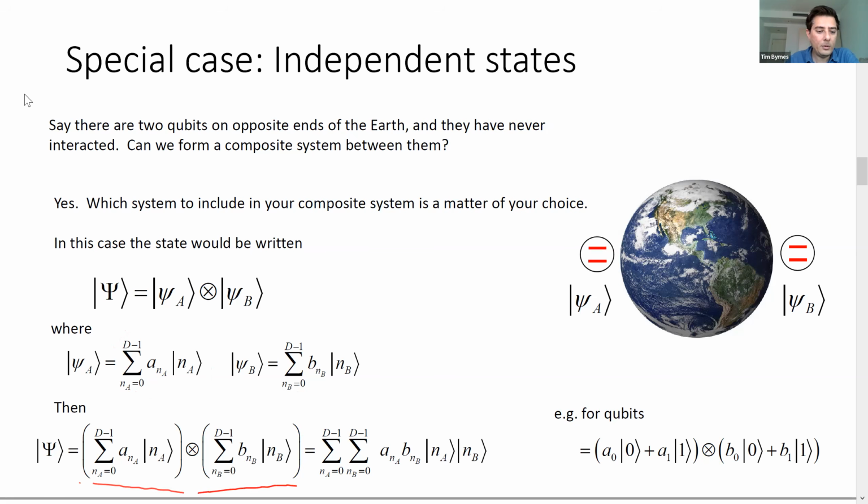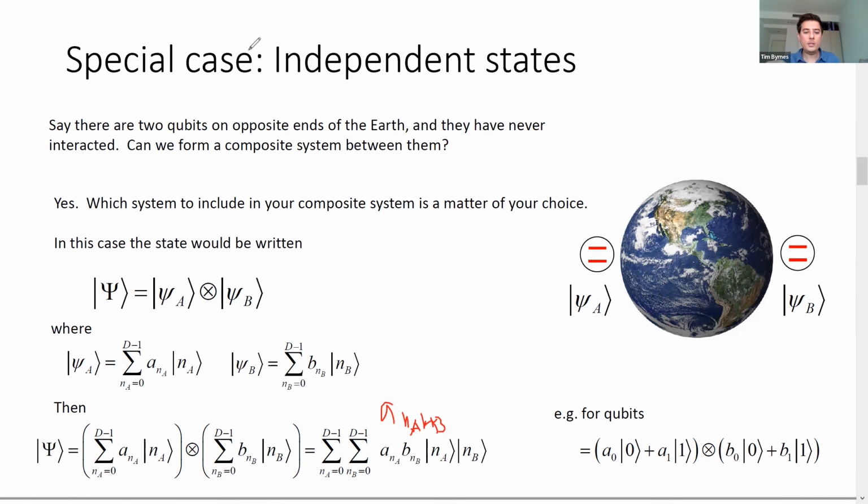If you do that, you do get a state eventually, and you can write it out in terms of the state that we had before. But instead of a more general coefficient here, previously, if you remember, what we had was something like this, right? NA, NB.